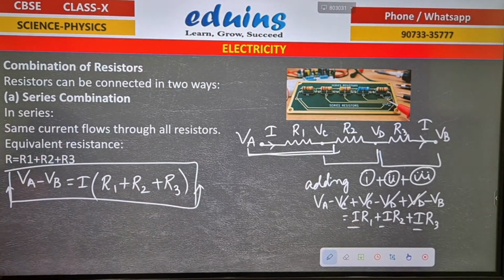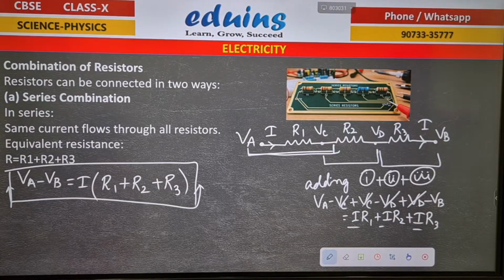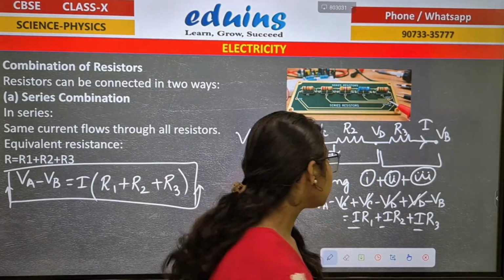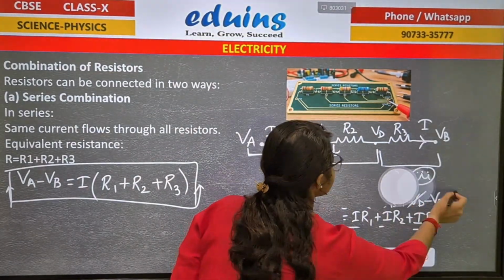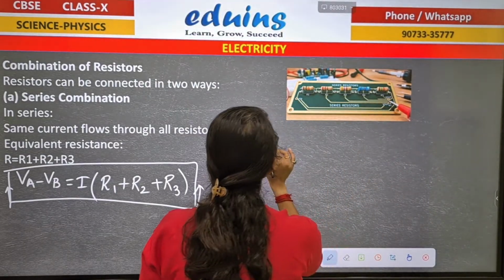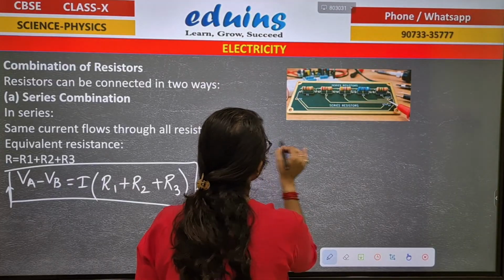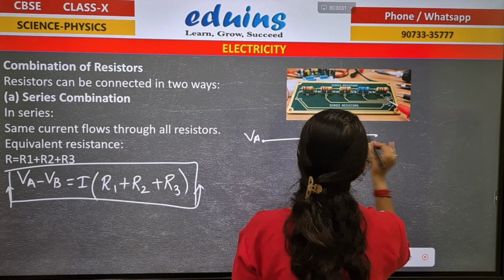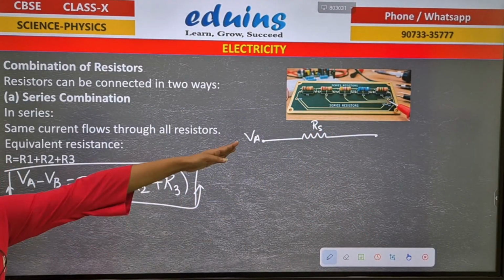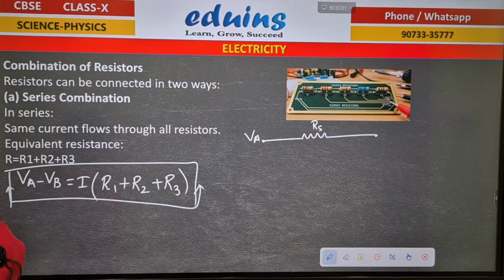So if we take an equivalent resistance between the two terminals VA and VB, what will be the answer? Let's calculate it together. For the equivalent resistance, we name it RS. For the series combination, we take it as RS.